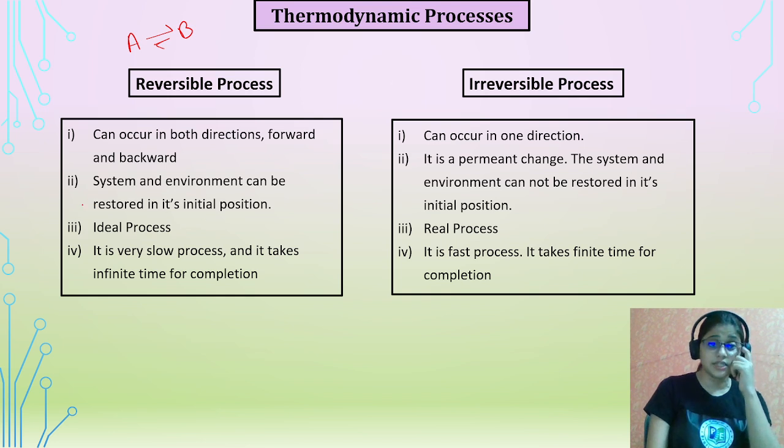So a reversible process is going towards the equilibrium. So this kind of arrow is used here, where it can occur in both directions, forward and backward.